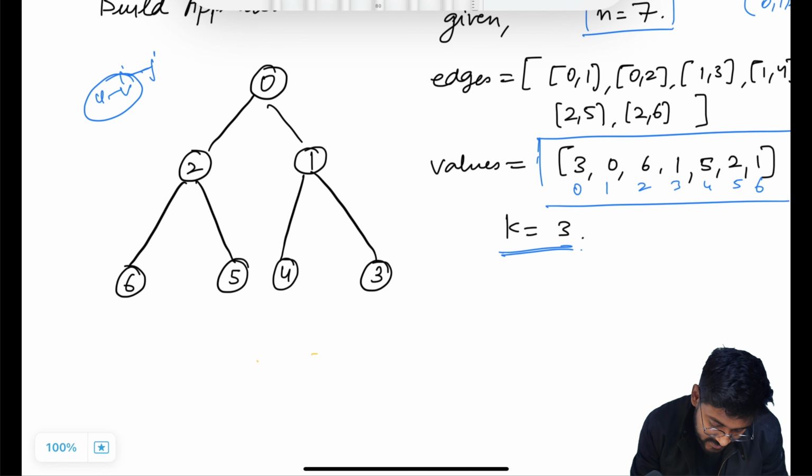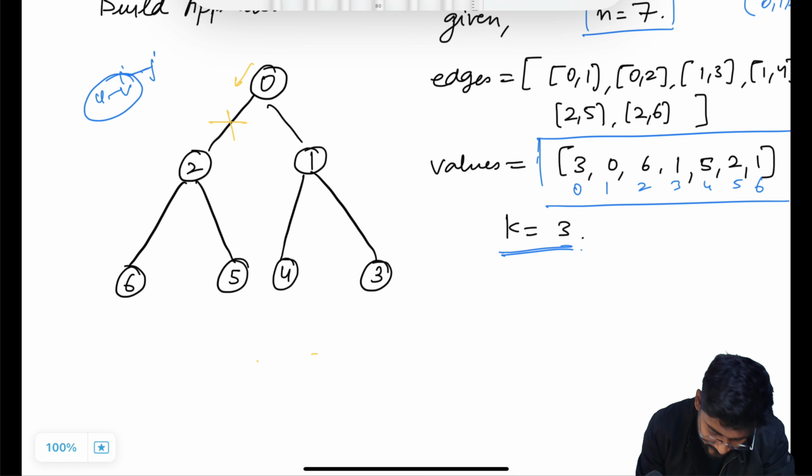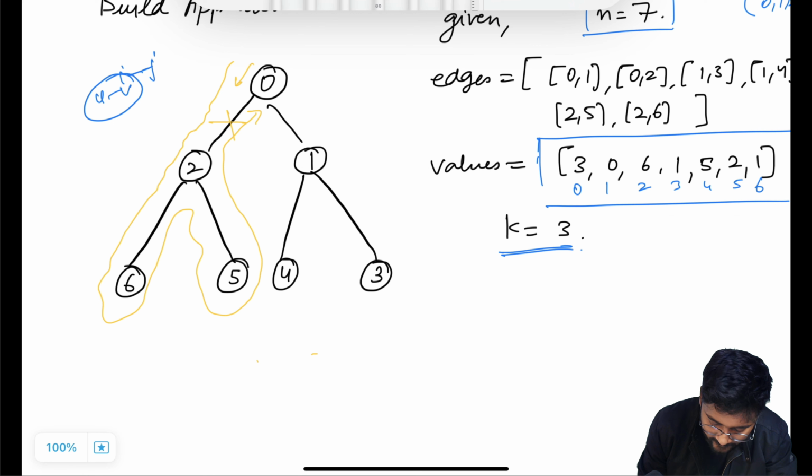So what I am saying is that, let's say we are going in this direction from 0. I have to decide whether on this edge I am able to split the subtree or not. I will be splitting if the sum of the subtree is divisible by k. I am coming in this direction, processing 2, processing 3 and then processing 5, and when I am returning back, I will have the sum of all the values.